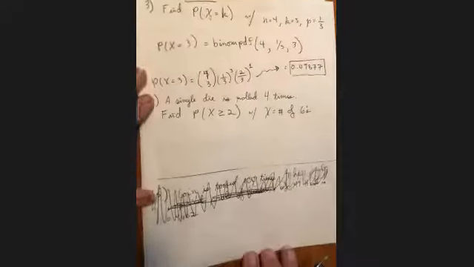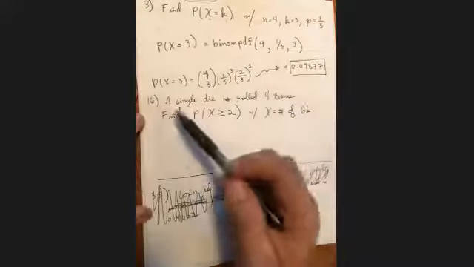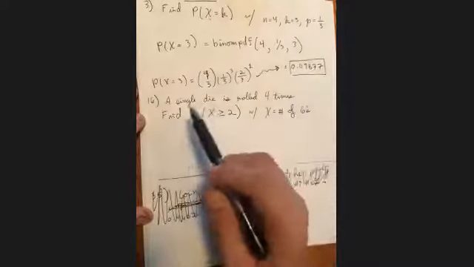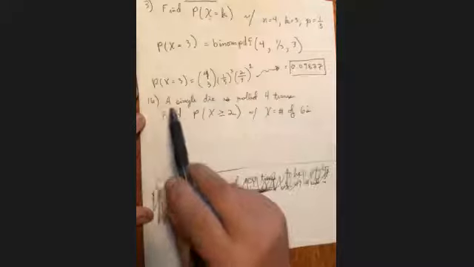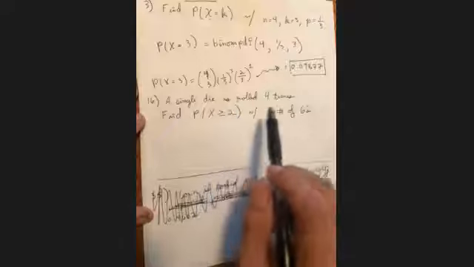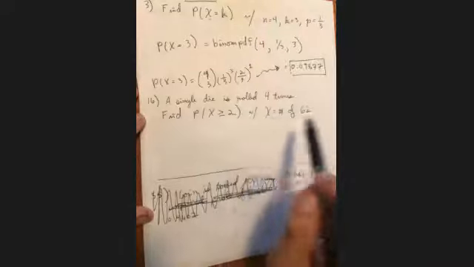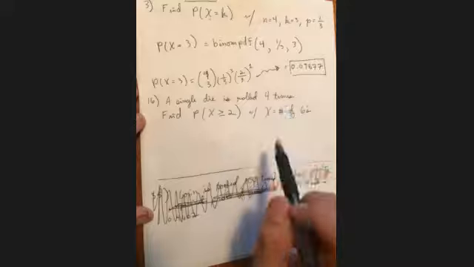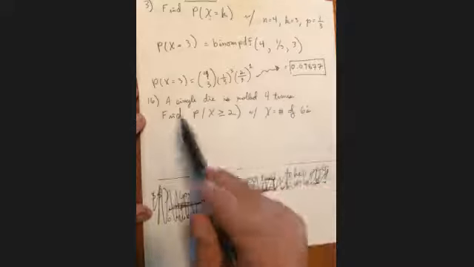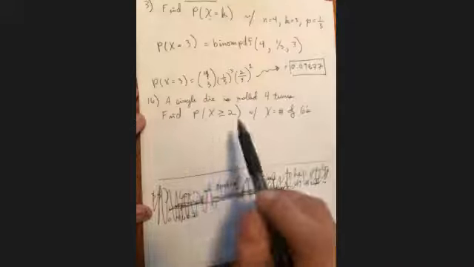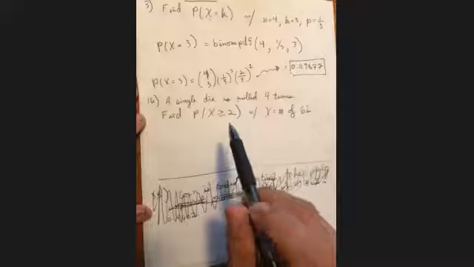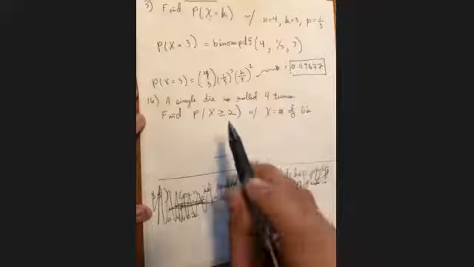Okay. So now we'll look at problem 16 in the back of the book. Here we're rolling a single die 6 times, and we're interested in how many 6s we'll observe out of those rolls. For problem 16, we want to calculate the probability of having at least 2 6s.